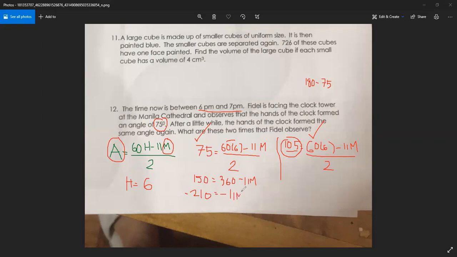Solving for M, 210 divided by 11 in mixed number form is 19 and 1 over 11. We remove the negative sign because we don't want a negative here. So M will be equal to 19 and 1 over 11. The problem says two times. The first time now is 6 o'clock and 19 and 1 over 11 minutes.